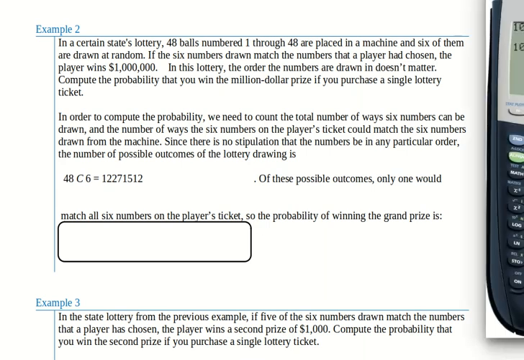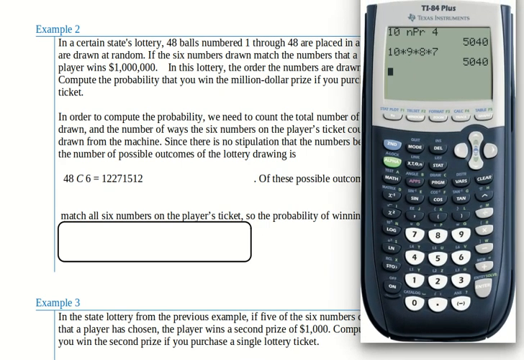So let's see that in our calculators. I'm going to enter the 48, go into the math menu, go over to probability, down to NCR. We're choosing 6, press enter again, and I see a ridiculously large number.